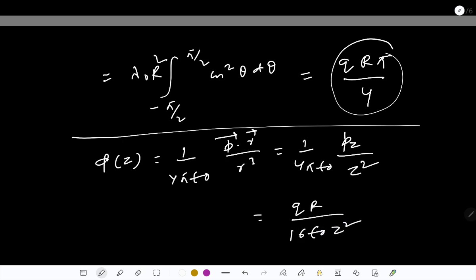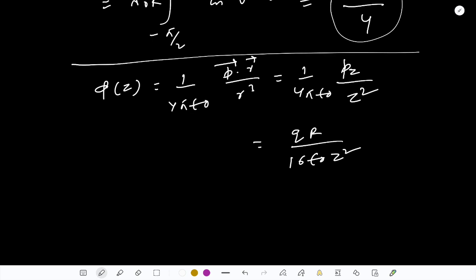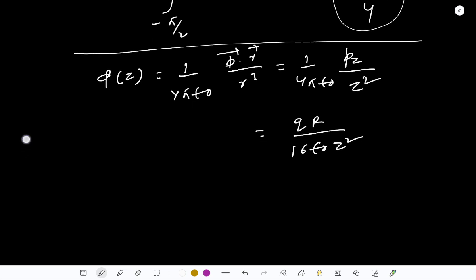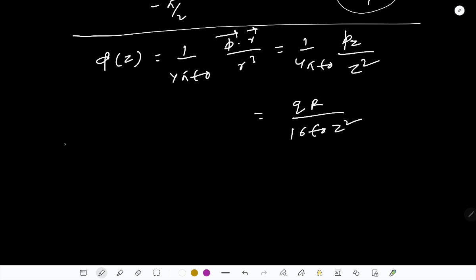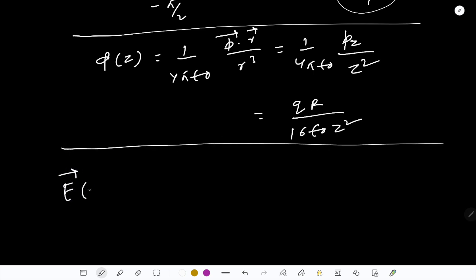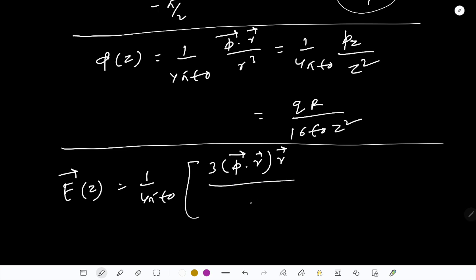And how can we calculate the electric field on the z axis? Instead of going through the basics, we can use this formula. Ez can be simply written as 1 upon 4 pi epsilon naught times 3 p dot r r minus vector p, divided by r cube.